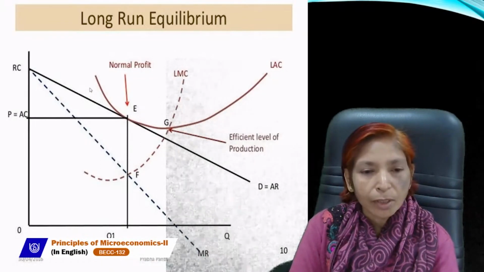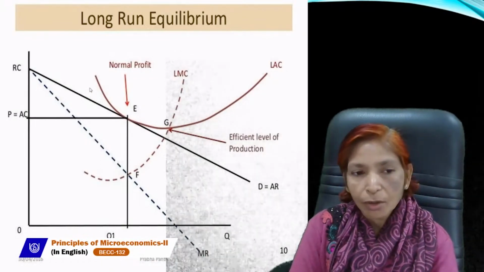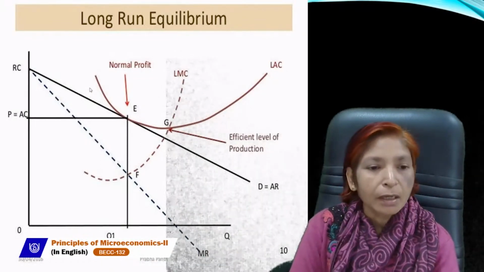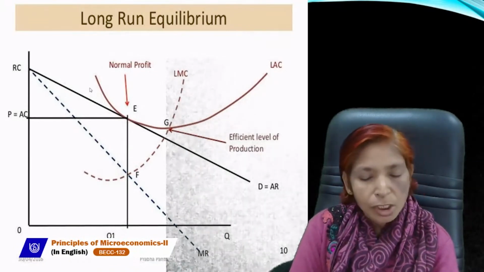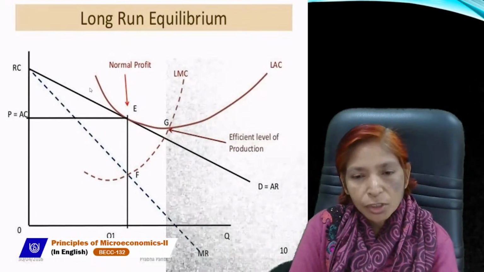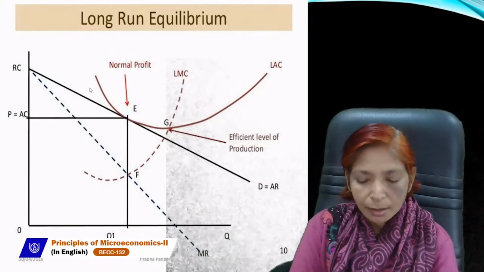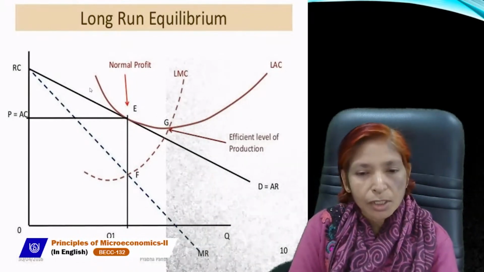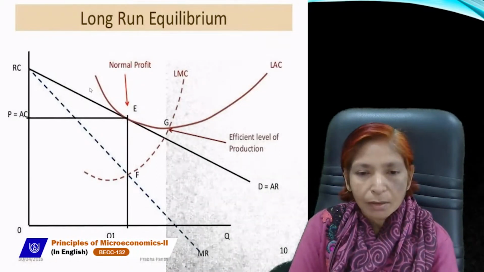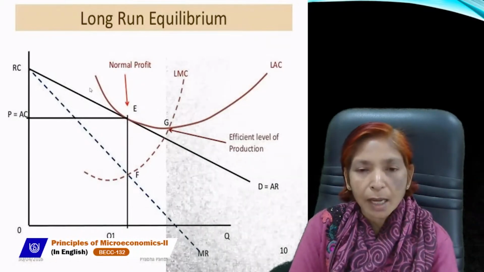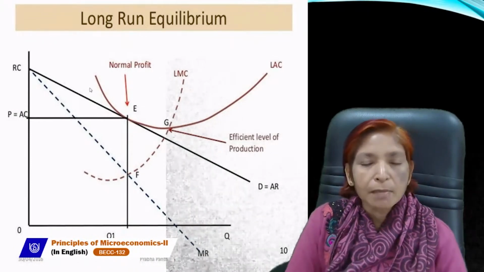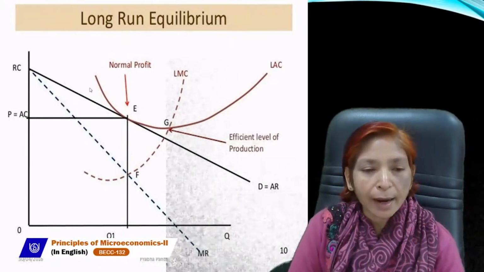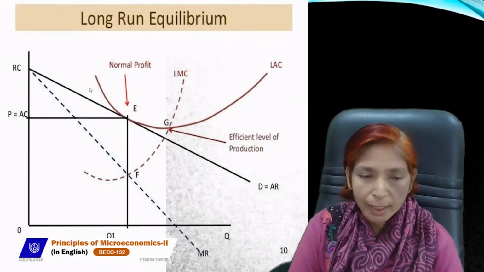But the efficient level of production exists at point G, not at point E. Here point E shows normal profit and point G shows the efficient level of production. This efficient level of production always exists where MC cuts AC, because MC always cuts AC at its lowest point.